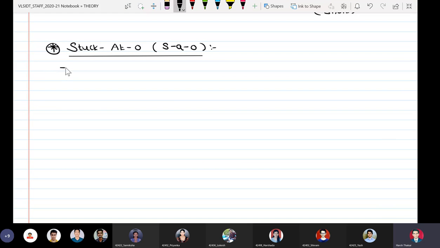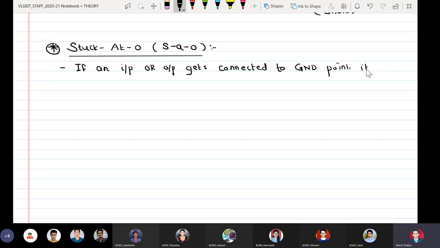So if an input or output gets connected to ground point, it is called SA0 fault.